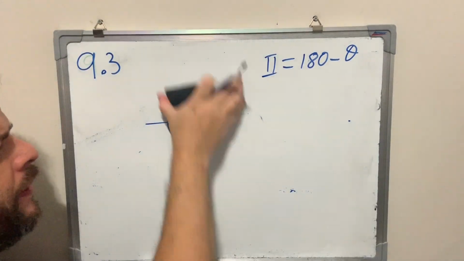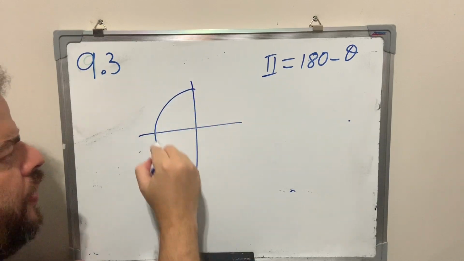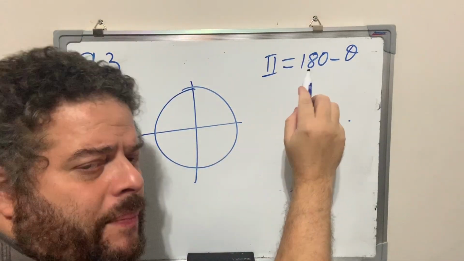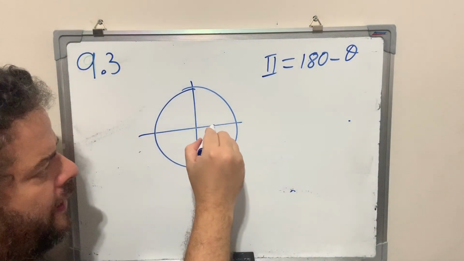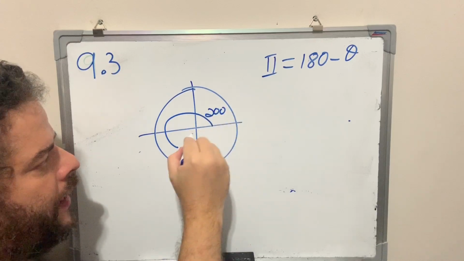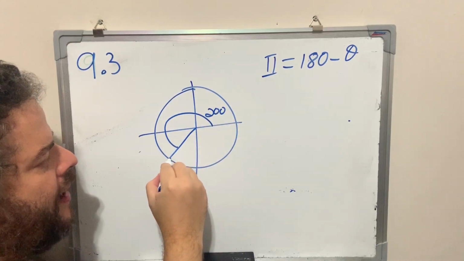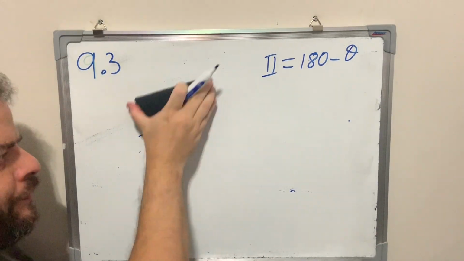Now let's see what happens when the terminal side falls in the third quadrant, which some students get confused by. Let's say I have a 200. Let me do that again.